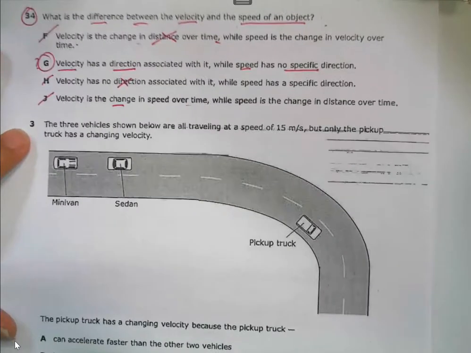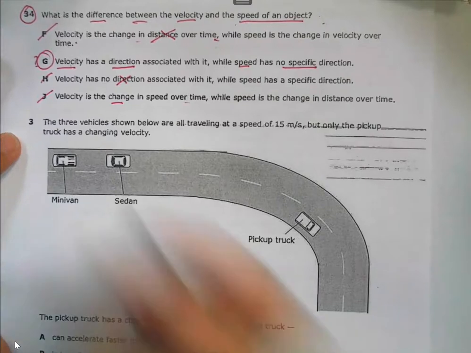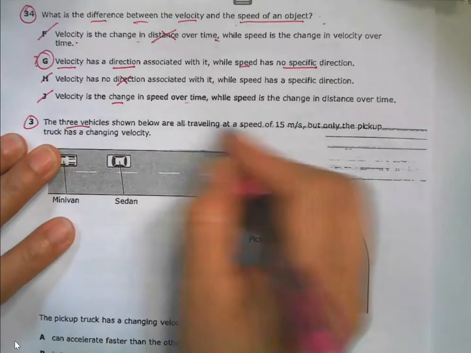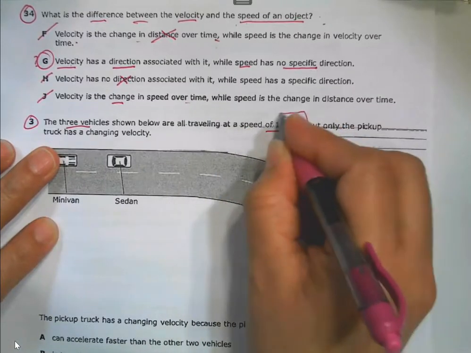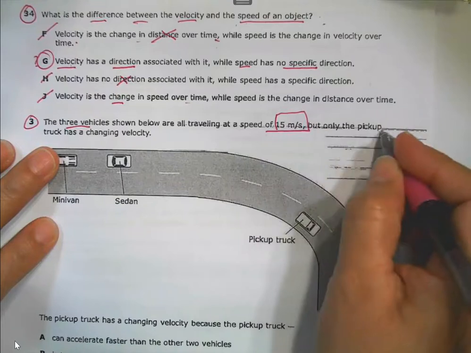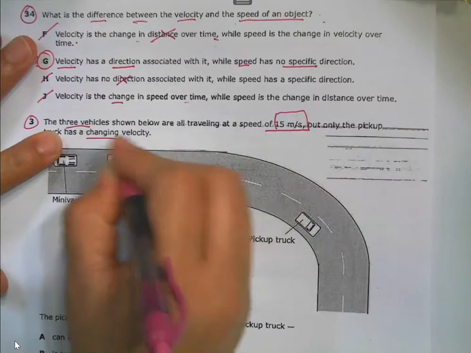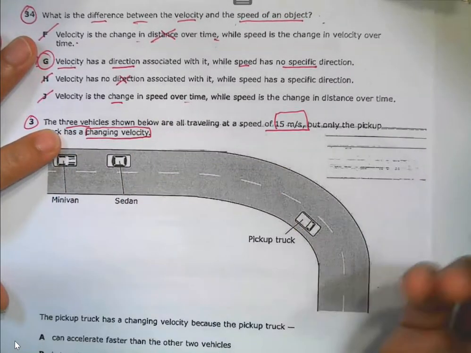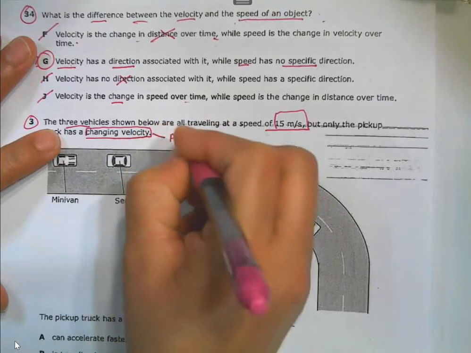Now for number 3, this reminds me of the drawing that I drew on the other page. It says that 3 vehicles shown below are all traveling at the speed of 15 meters per second. But only the pickup truck has a change in velocity. Change in velocity, guys, is changing the speed and or the direction. So then we say that we have an object accelerating.